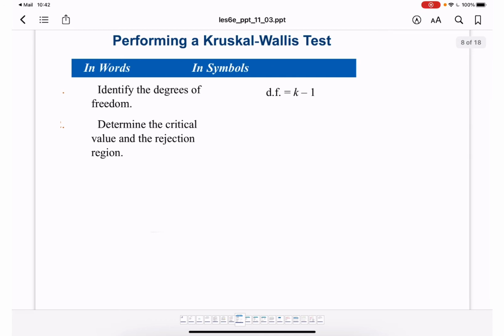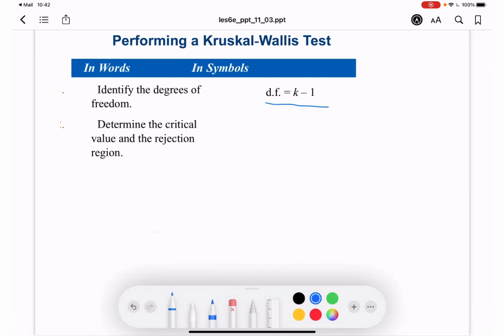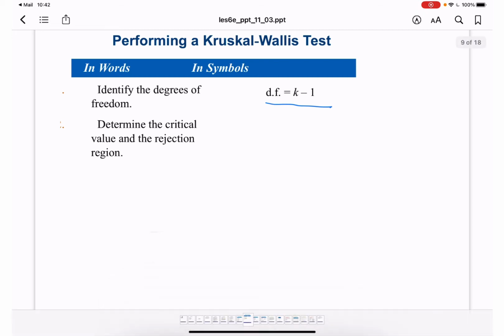Degrees of freedom, we are going to use k minus 1, where k is the number of samples. If it's 3 samples, then it's going to be 2, right? And determine the critical value and the rejection region.